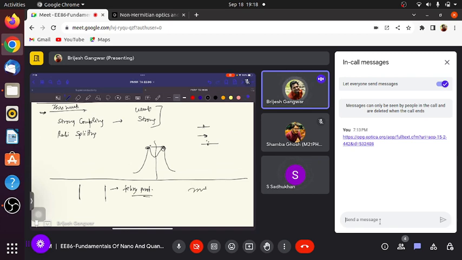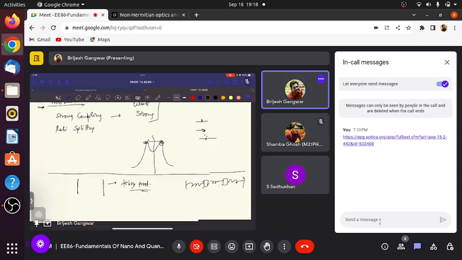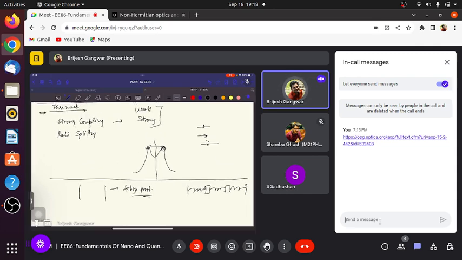Two spring masses, and it is connected to some spring, right? So what happens if you couple two oscillators? They can have either symmetric modes or anti-symmetric modes, right?